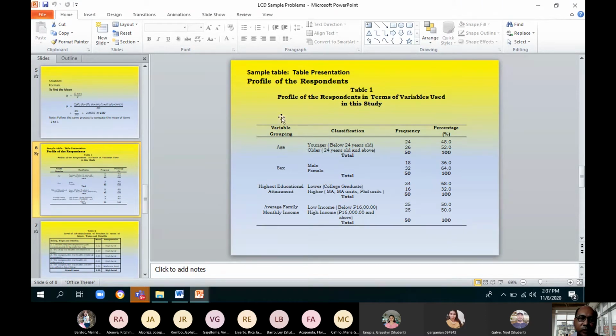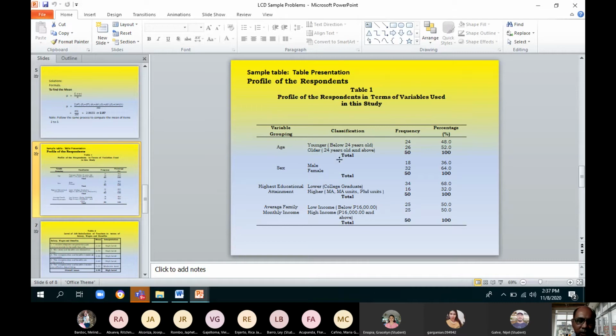Then, in the first column, variable grouping. Put all the variables that are in your statement of the problems. And then, classification. This is the classification. So how do you categorize age? Meaning younger, older, by using our tools, mean or median, to determine the younger age and the older age.